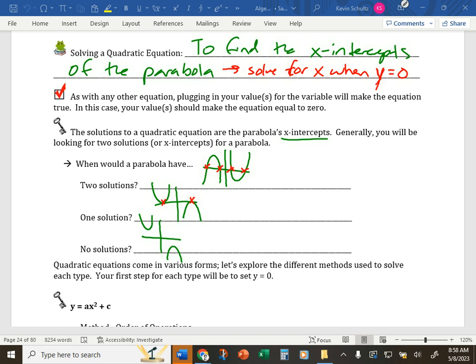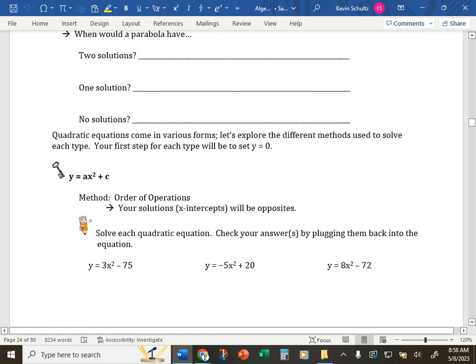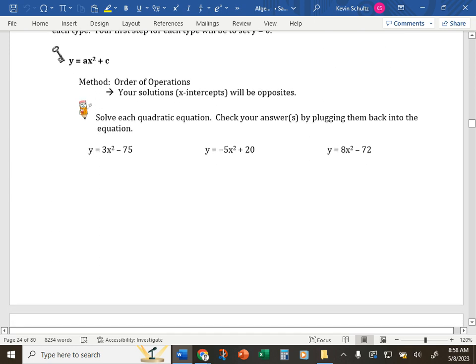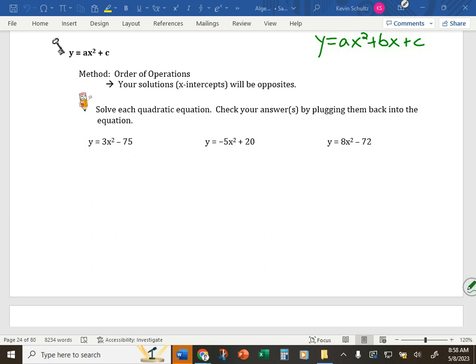Okay? We're good. So if you flip ahead on the pages, you will see that there are three different key points, three different types of equations that we can write. Because if you have a quadratic equation in y equals ax squared plus bx plus c, which term makes the equation quadratic? Ax squared. Okay?